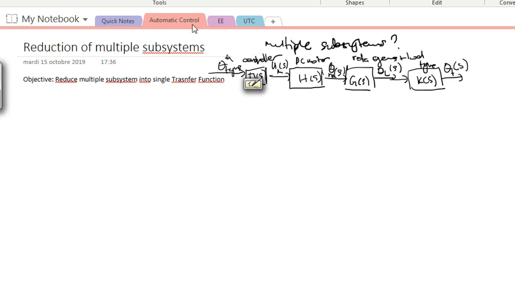So what we do usually is we have a feedback: you measure theta T, the actual theta T, and you have another transfer function here. Let's say I'm going to call it K S. So this is a transfer function that corresponds to the sensor.